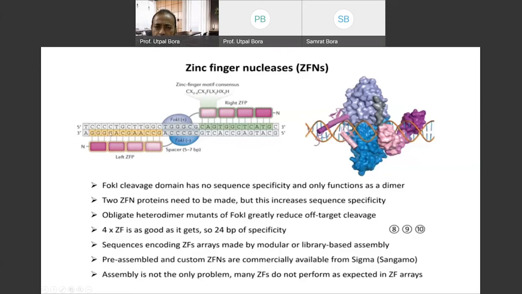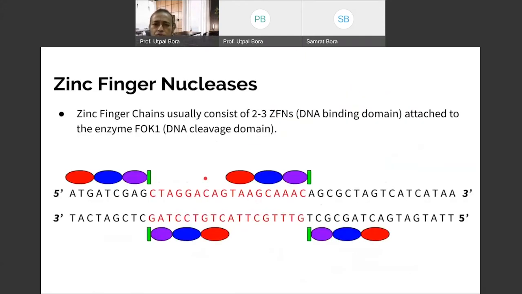In each array, you can see there are about 3 to 4 zinc fingers. These are all different zinc fingers which recognize the bases.